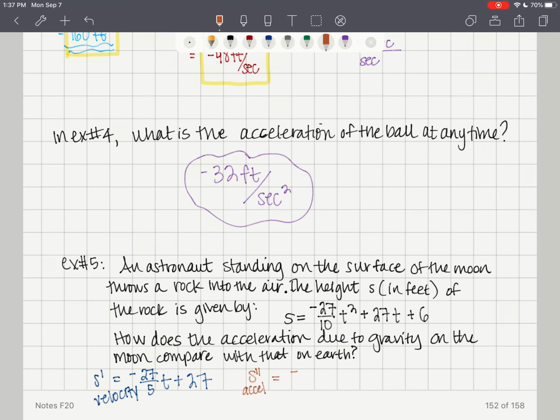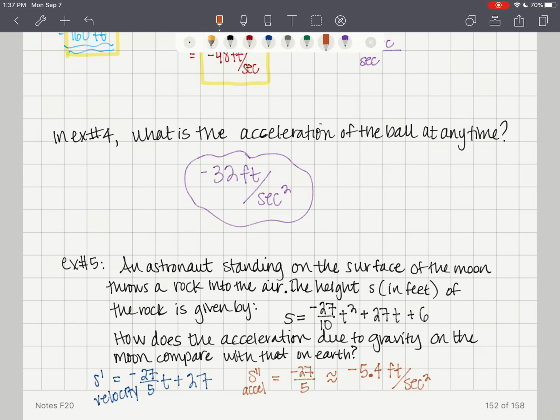And that's equal to negative 27 over 5, which is approximately negative 5.4 feet per second squared.